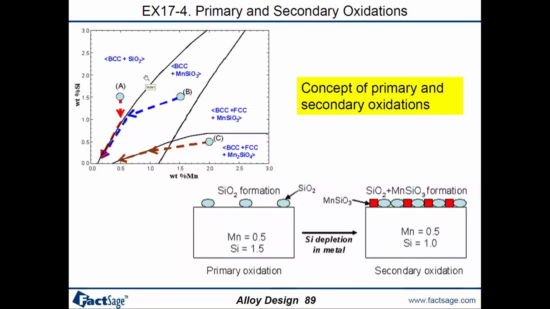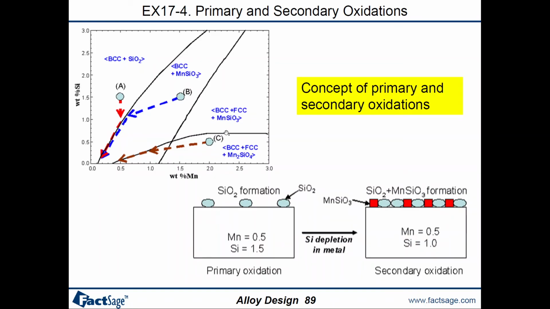So what this diagram gives us is that, if we have a specific composition of alloy, then by putting the composition value on this primary oxidation diagram, we can get what will be the primary oxide phase which is formed in our alloy.